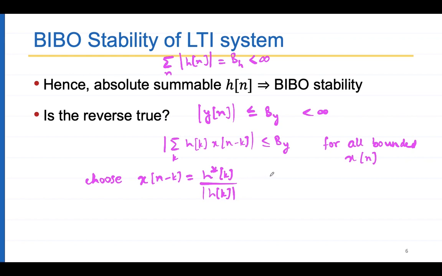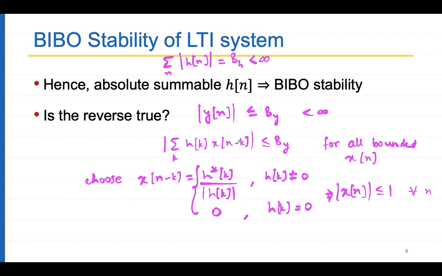You can say this when h of k is not equal to 0, and take it as 0 when h of k is actually 0, just to make the definition more precise and complete. So if I choose this value of x, then x[n] is always bounded, right? So what is the modulus of x[n]? This is equal to 1 or 0. So basically this is always less than or equal to 1, for all n.